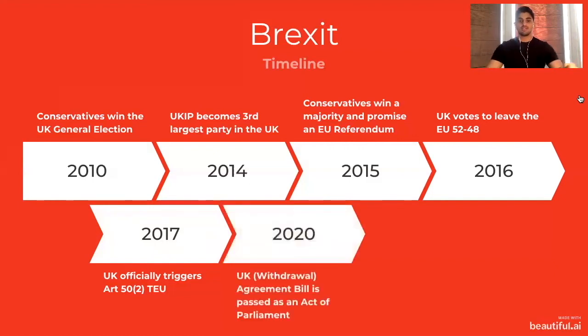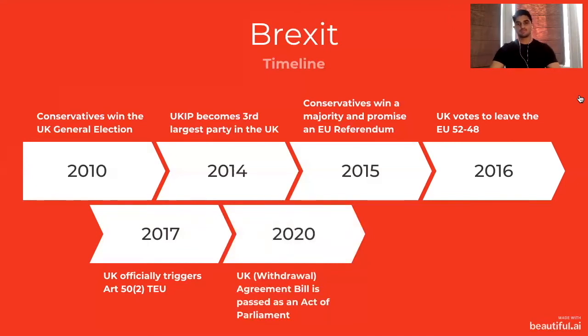In 2020, the UK Withdrawal Agreement Bill was passed as an Act of Parliament in the UK. Just quickly, between 2017 and 2020, or at least even 2016 and 2020, no one really had a clue what was happening. Every day there would be new news on Brexit and the EU, and it was like a political soap opera in the news every day.